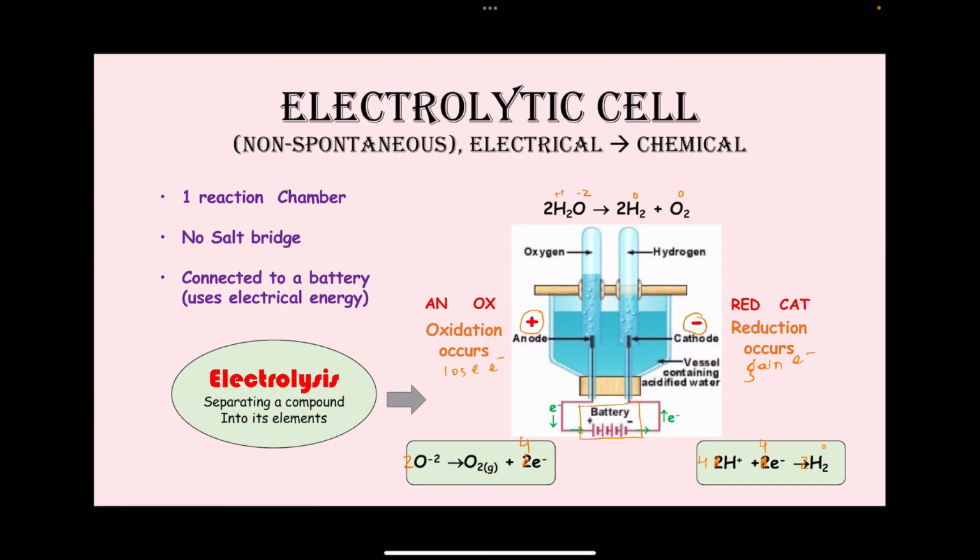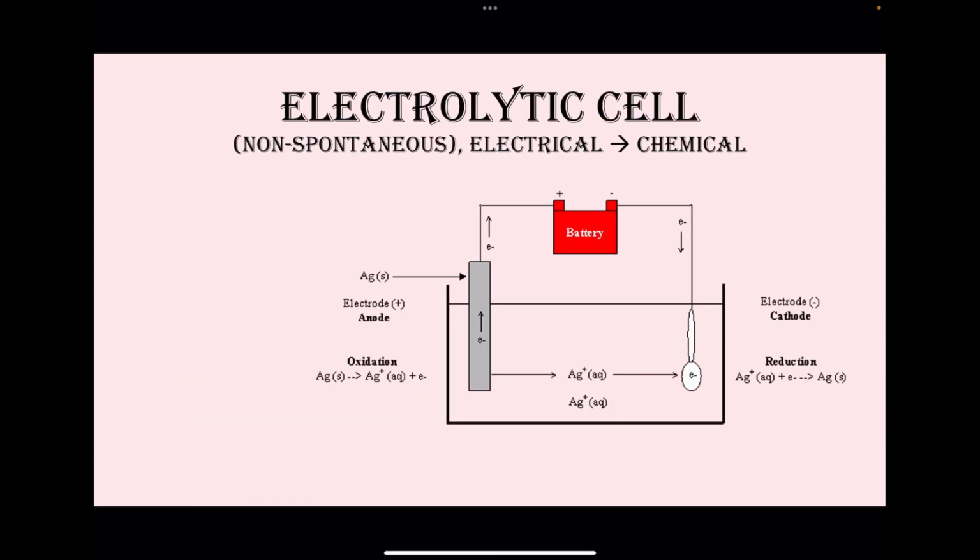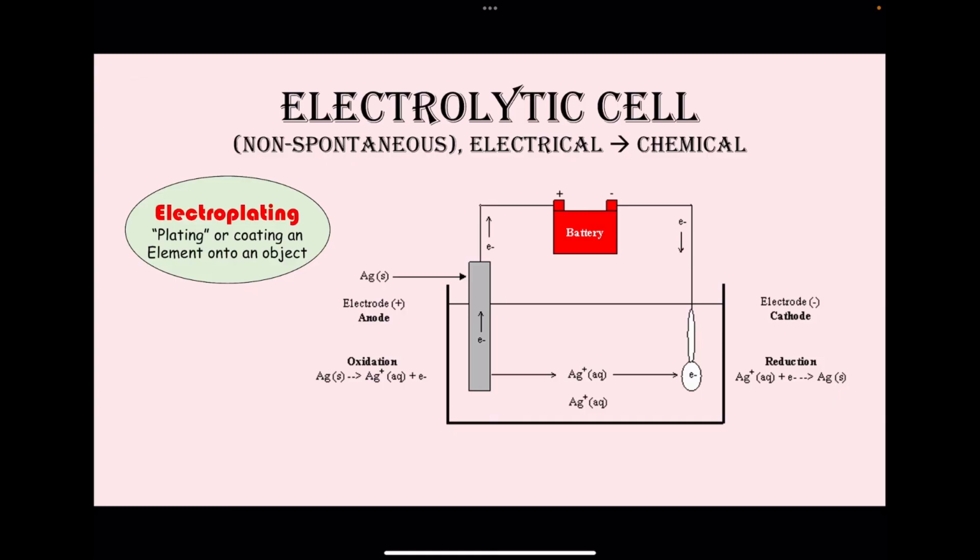Let's look at the other way in which we can use an electrolytic cell, and that is electroplating. Electroplating is when we are coating an object with an element or a metal. In the example you see on the screen, we are trying to coat a spoon with silver.